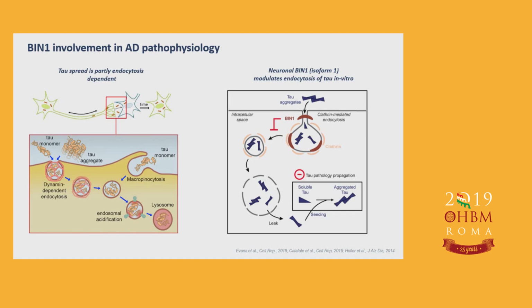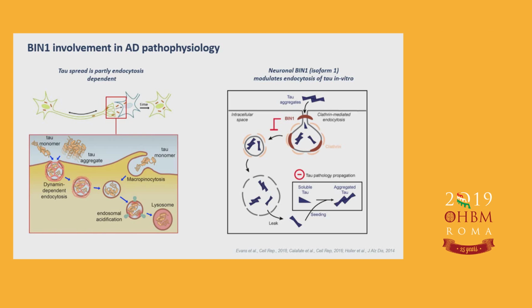So a BIN1 deficiency may actually reduce tau spreading, because tau is being taken up within these vesicles and then transported throughout the axon. However, this evidence has only been suggested or shown by in vitro studies.